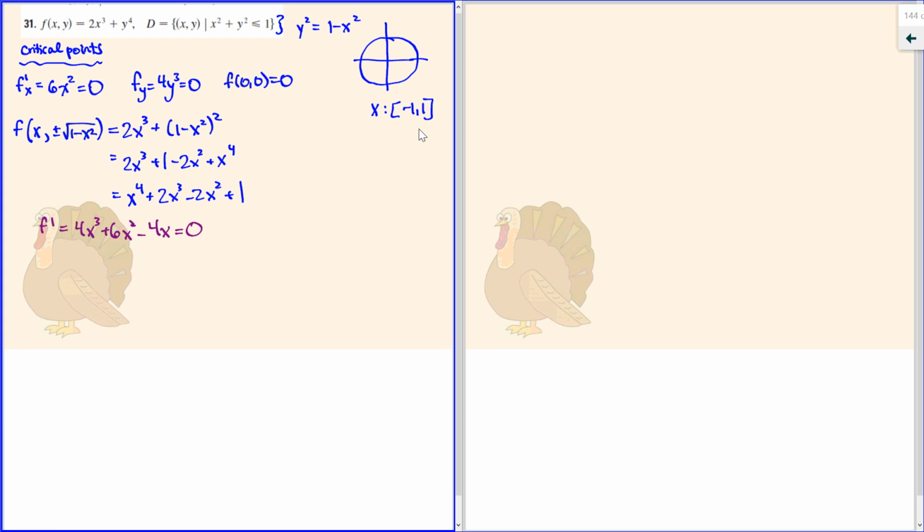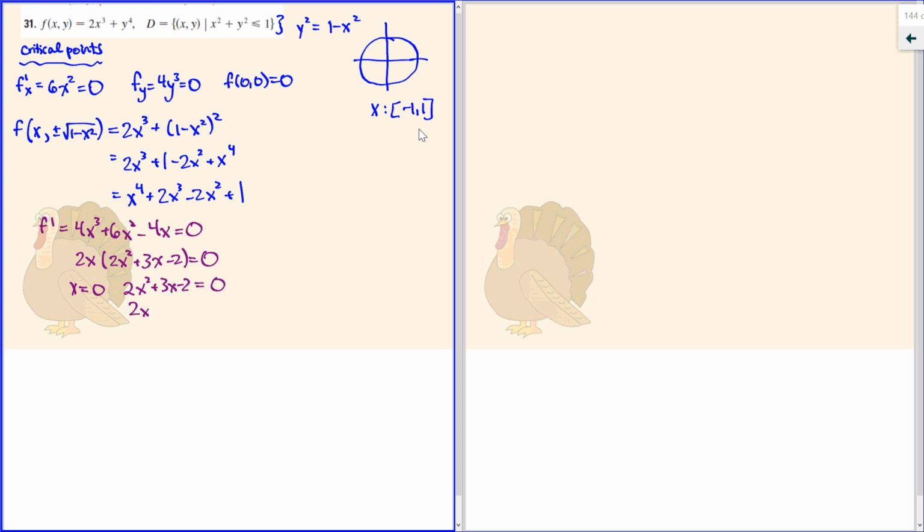I'm going to factor out an x. Actually, I'll do a 2x. So I get 2x times (2x squared plus 3x minus 2). And then it looks like our critical points are going to occur when x is 0 and also when 2x squared plus 3x minus 2 is 0.